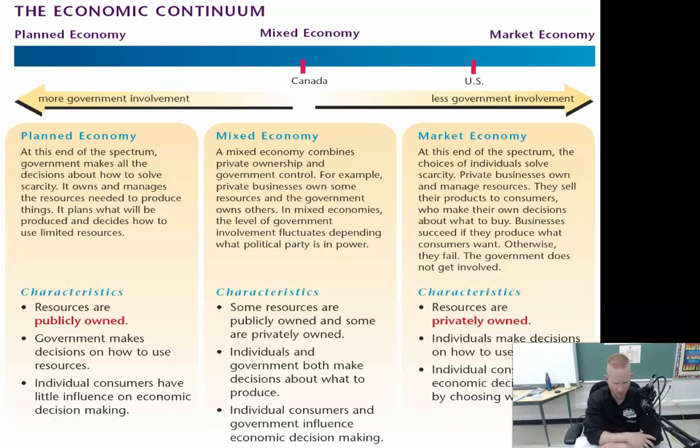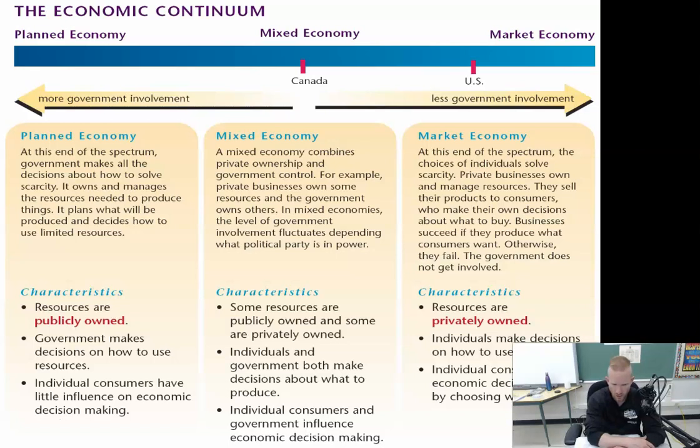And it really breaks it down. Again, we'll start with the left here, planned economy, which is a shift left. At this end of the spectrum, government makes all the decisions about how to solve scarcity. It owns and manages the resources needed to produce things. It plans what will be produced and decides how to use limited resources.